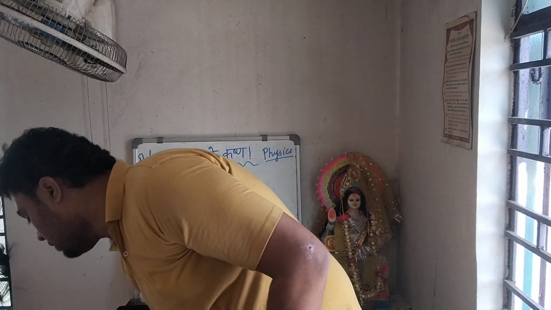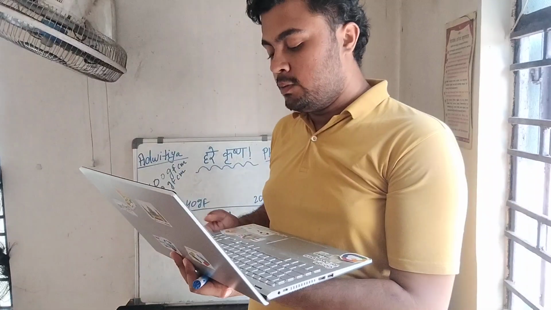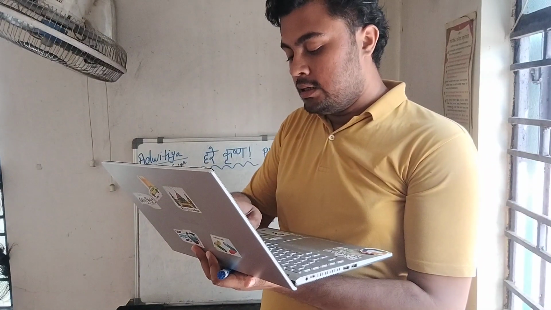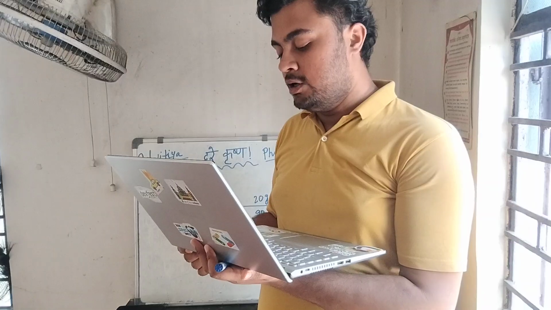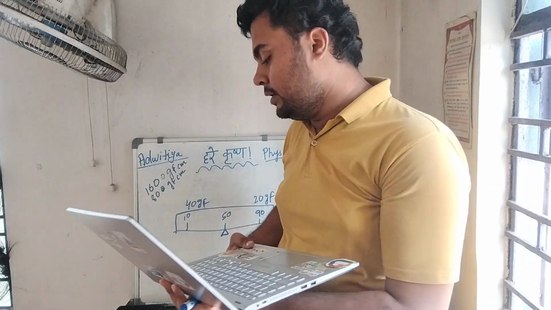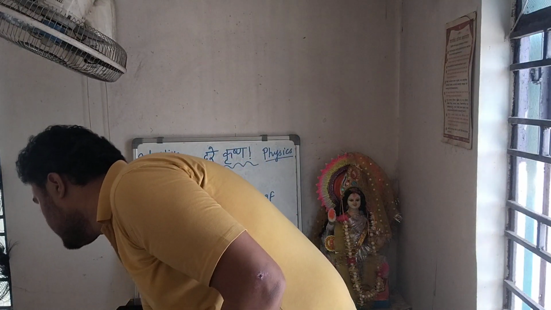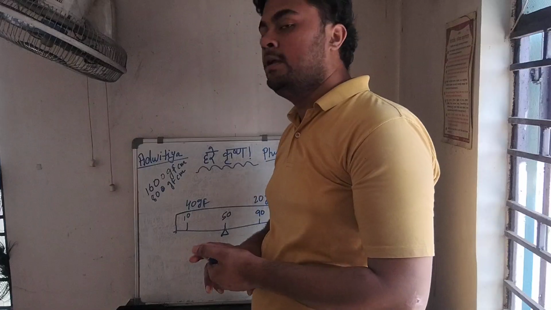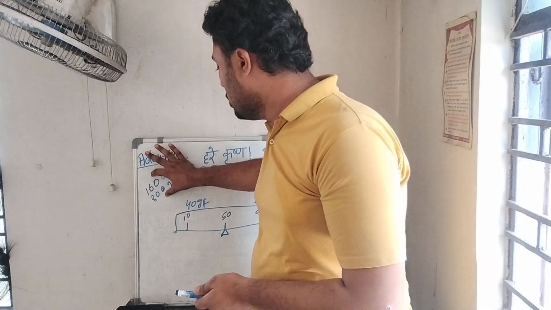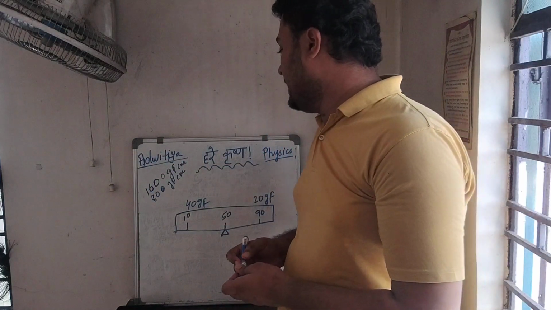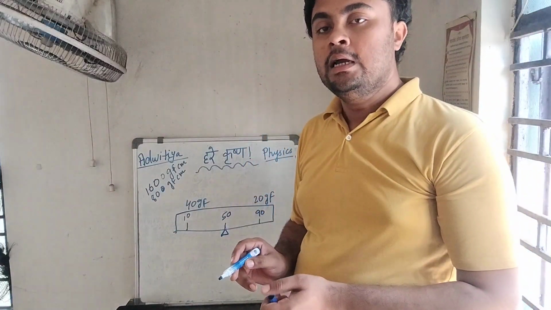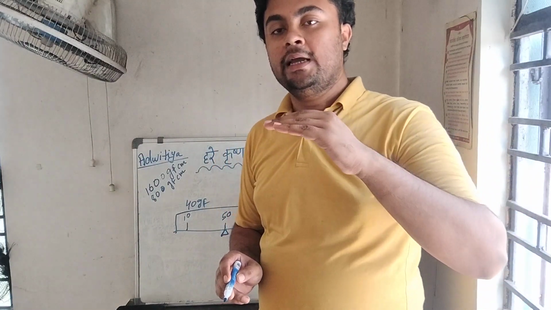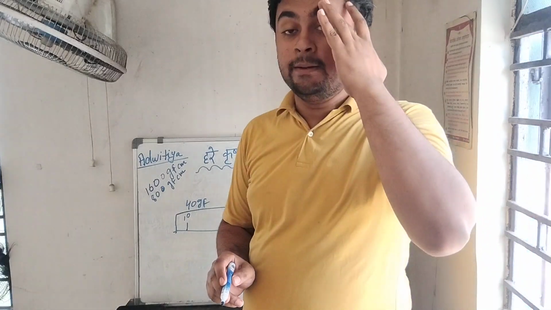Now what is the next part of the question? How can the rule be brought into equilibrium by using an additional weight of 40 gf? Now what is the difference between these two moments of force? The anti-clockwise moment of force was 1600, the clockwise was 800. The difference between the two is 800 gf centimeter.